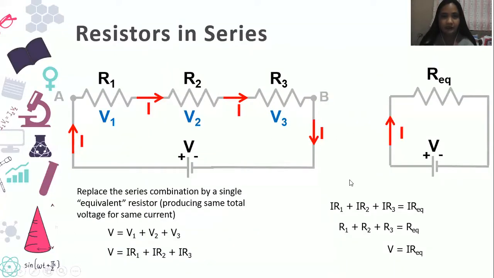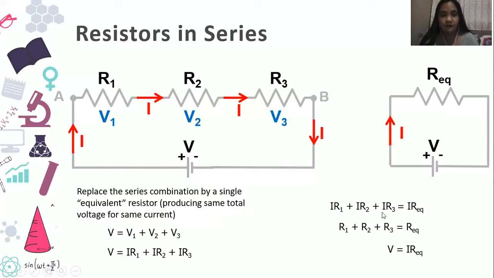Now we get them further. Knowing that V is equal to V1 plus V2 plus V3, we also assume that I is the same for all. So from Ohm's law, I times R1, I times R2, and I times R3 are the individual voltage drops.